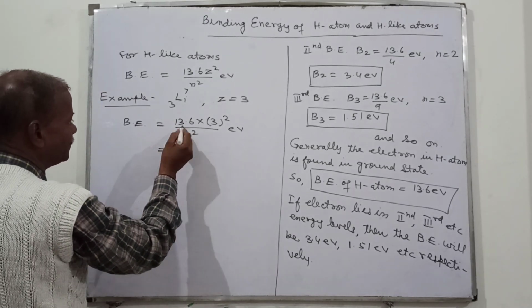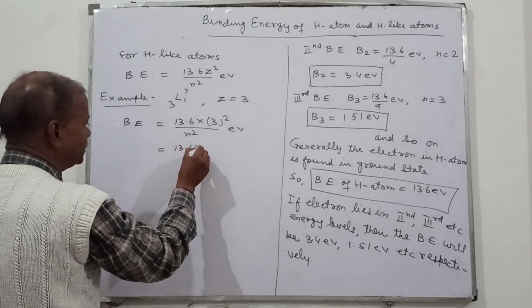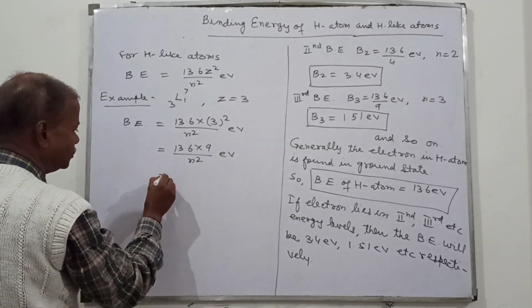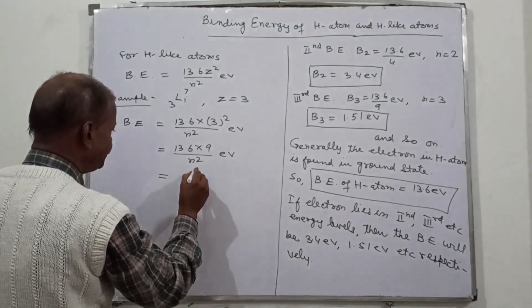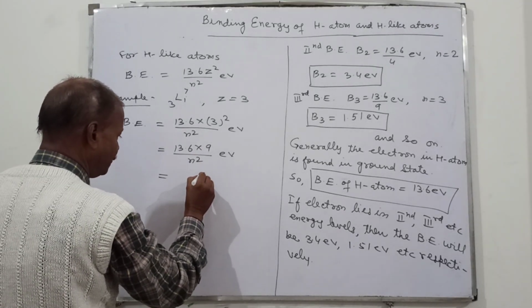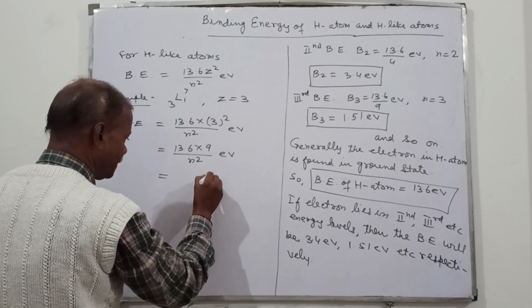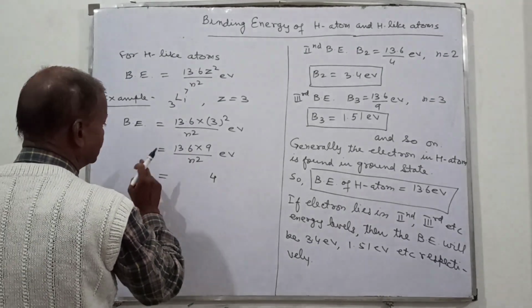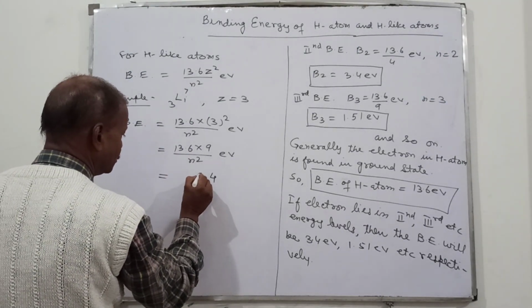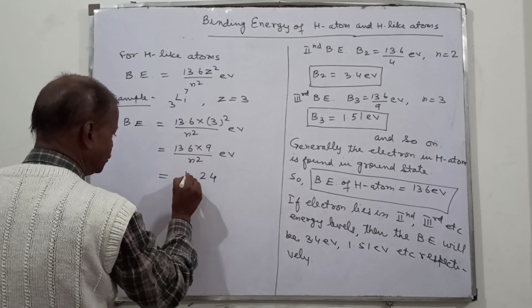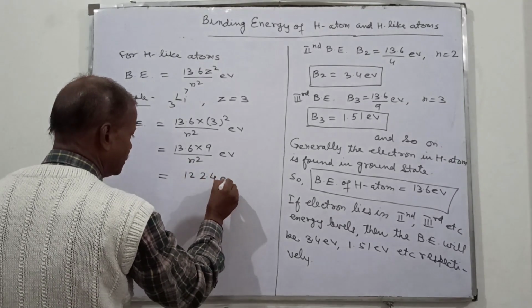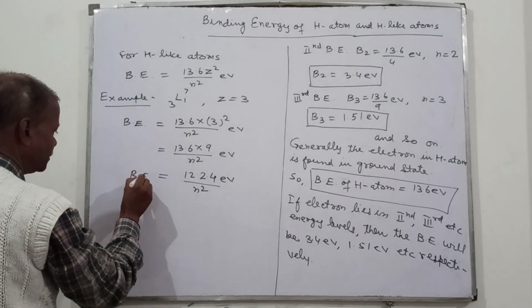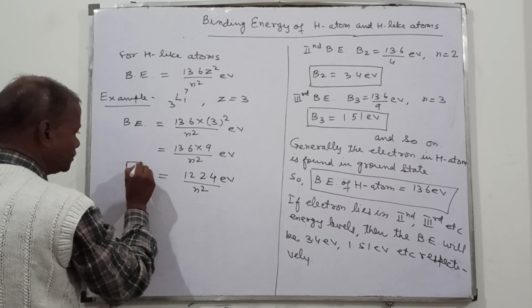So this is 13.6 into 9 upon N square electron volt, which is 122.4 electron volt upon N square. This is the binding energy.